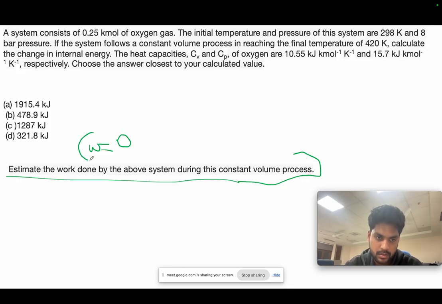Can you explain why? Why W equal to 0? Is there any doubt regarding why W equal to 0? If no, then I will move on to the next question. No, sir. Okay, fine, thank you.